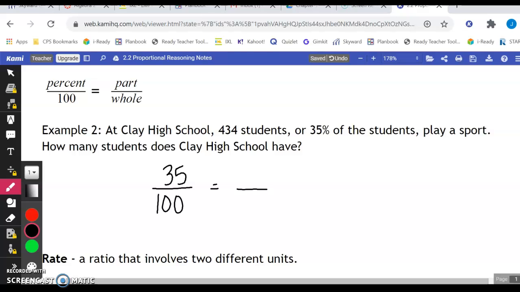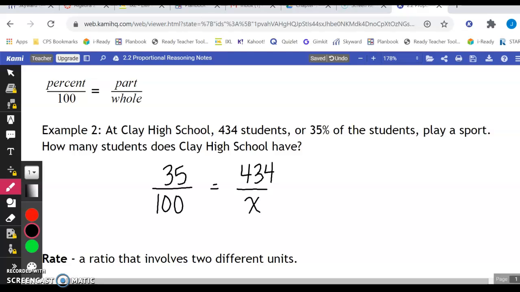And it says that 434 students, or that's equal to 35%. That's part of the class. We don't know the whole school population there. We don't know how many they have. That's what they're wanting us to find, is how many students does the high school actually have. So the whole group is the unknown at the bottom. And then we cross multiply.